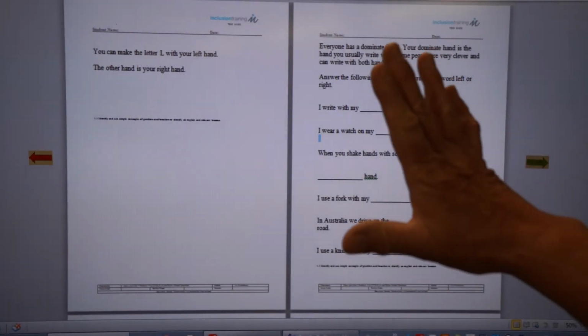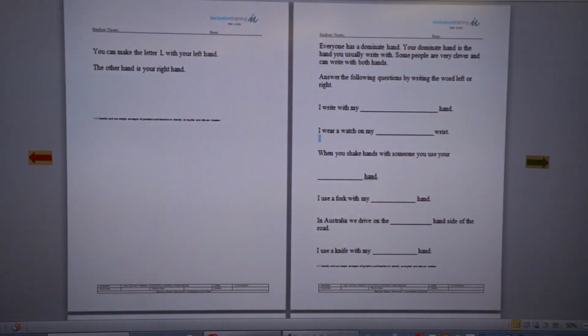It's really easy to distinguish between left and right. What I'd like you to do now is find a piece of A4 paper, or A3 if you're lucky to have that at home, where you can draw your left hand and your right hand. Place your left hand onto the paper and trace around it.